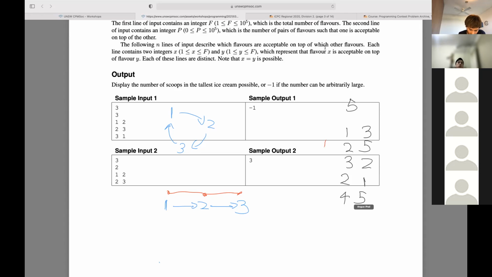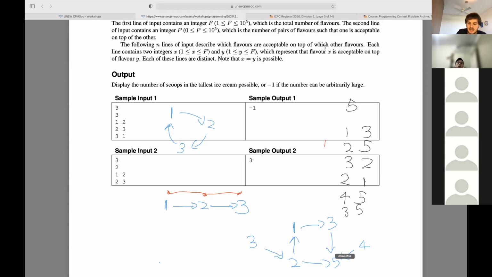As a graph, that would look like an edge from 1 to 3, an edge from 2 to 5, an edge from 3 to 2, an edge from 2 to 1, an edge from 4 to 5. And maybe we add another one here. Let's say we also had an edge from 3 to 5, like this.